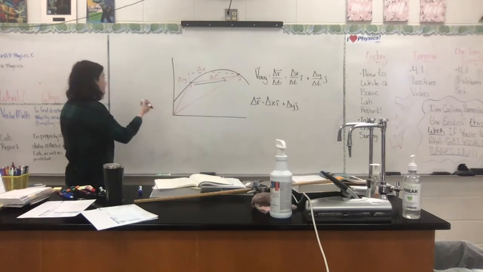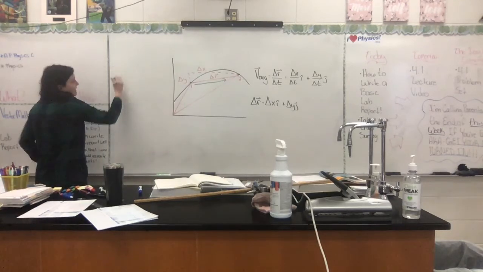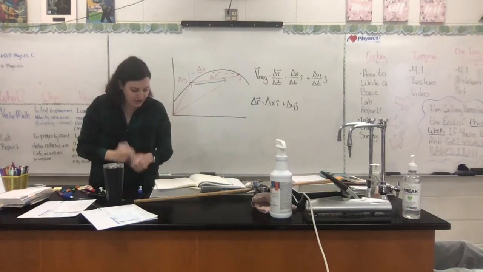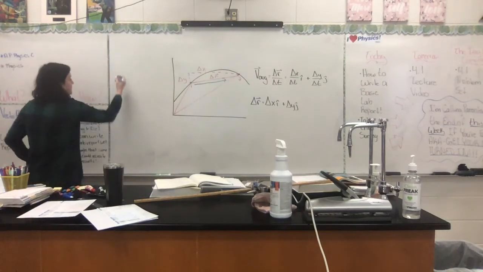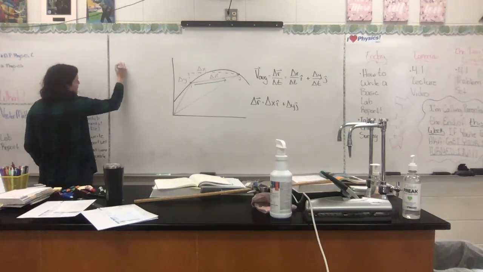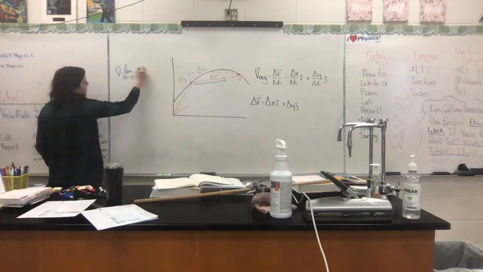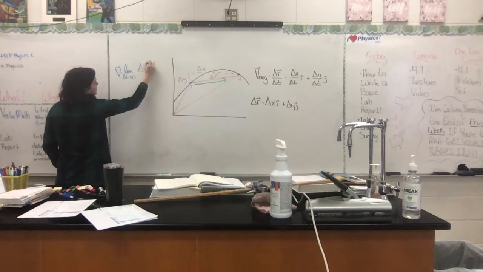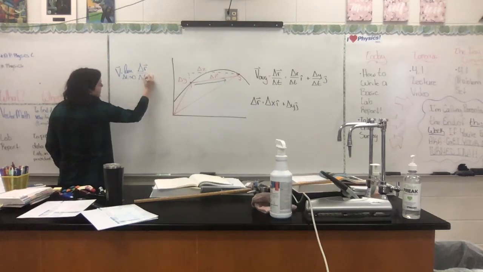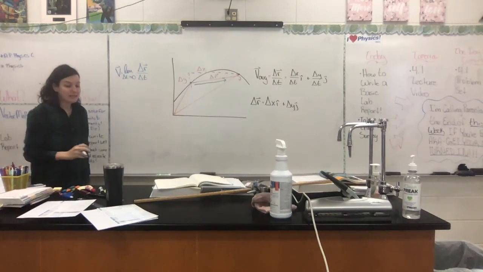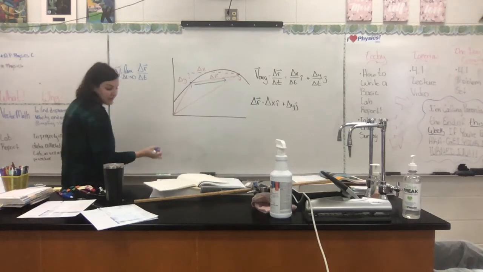Well, now for our instantaneous velocity, which let's make this blue just so we can tell the difference, if we want the instantaneous velocity at a point, it's the limit as delta t approaches 0 of delta r over delta t, okay? That's how we find the instantaneous velocity.